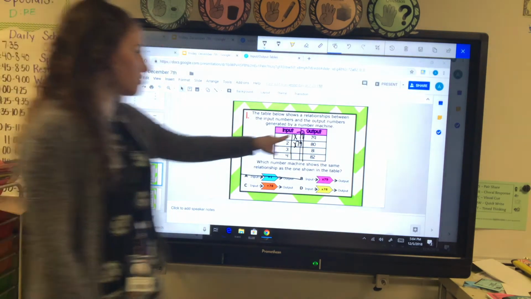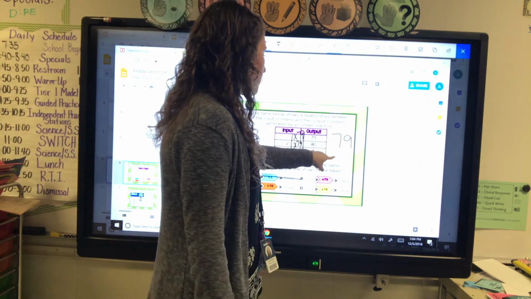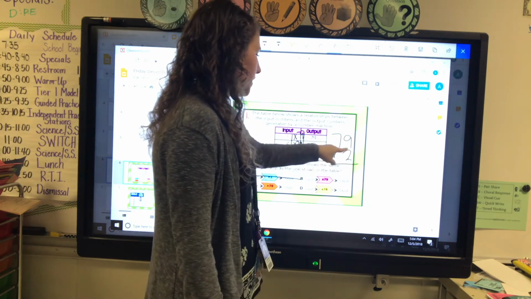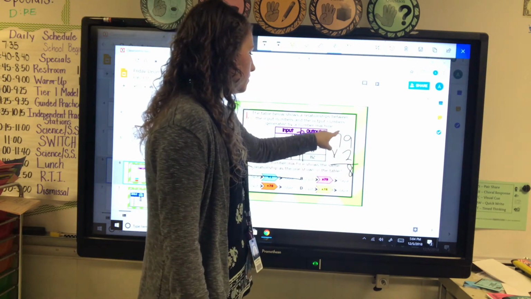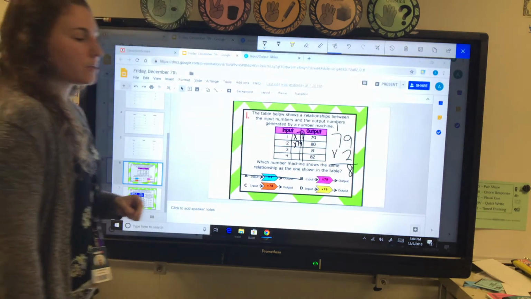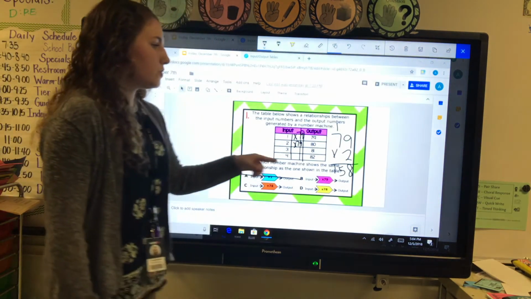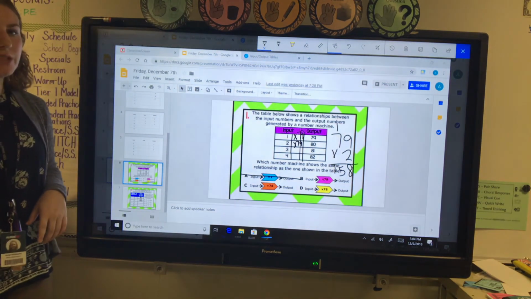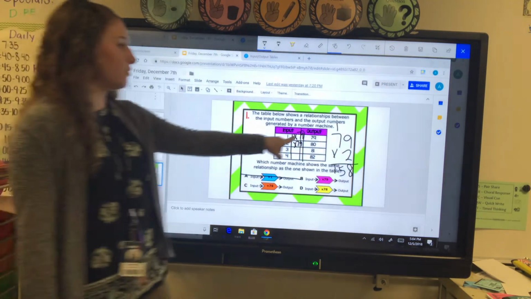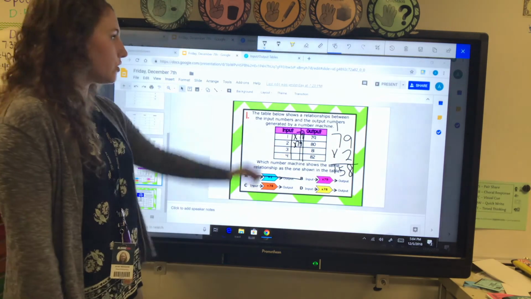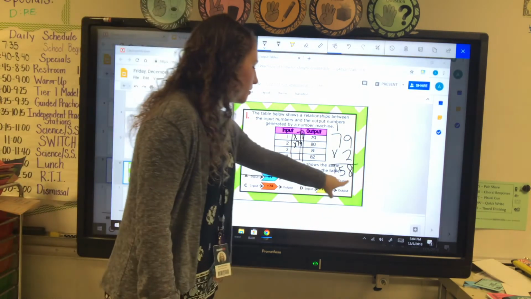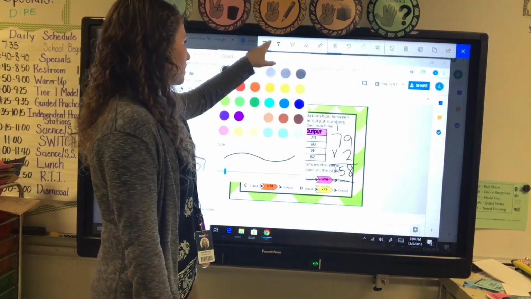If we're not sure, let's do our work off to the side. 79 times 2. 9 times 2 is 18. 2 times 7 is 14, plus the 1 is 15. 2 times 79 is 158. I'm looking for 80. So now I can cross off B, because B does not work.